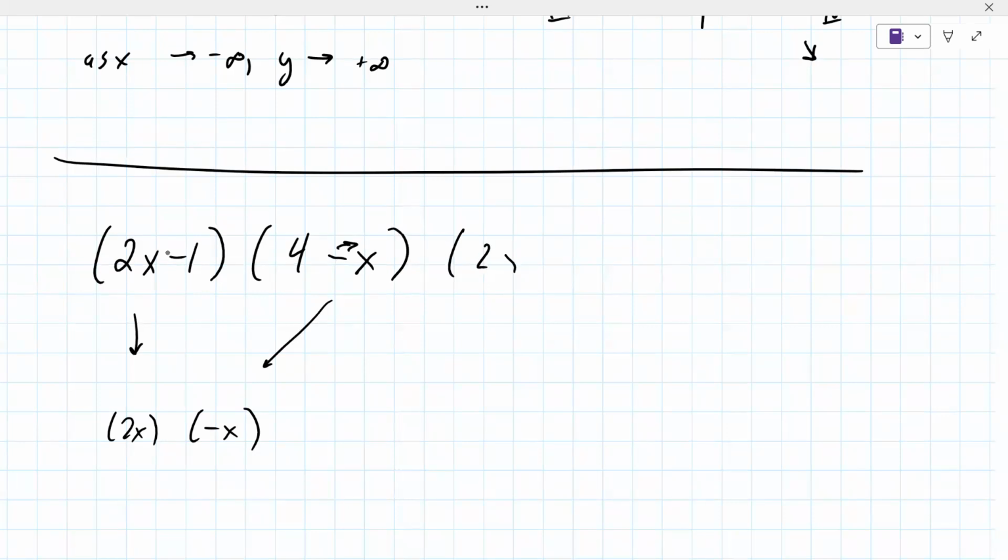Now, what if it's even more messed up? What if it's like 2x minus 3 squared? What is this? Well, it's the 2x squared.